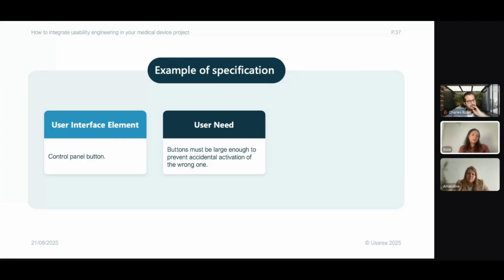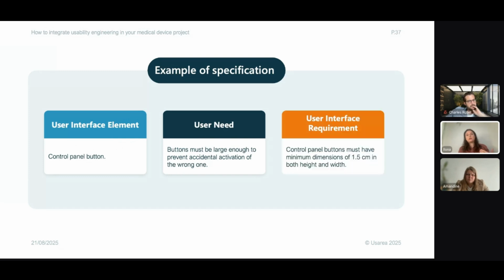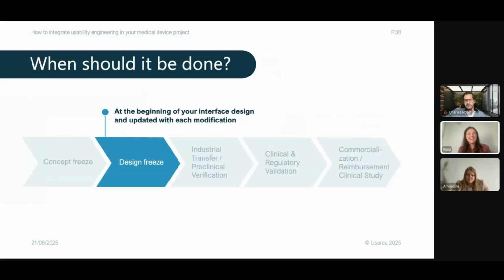You know that the button must be large enough to prevent accidental activation of the wrong one, and you're going to set a user-specific requirement that the button must have a minimum dimension of 1.5 centimeters in height and width. You should do it at the beginning of your interface design, as it will be the requirement to do so. And you update it with each modification.